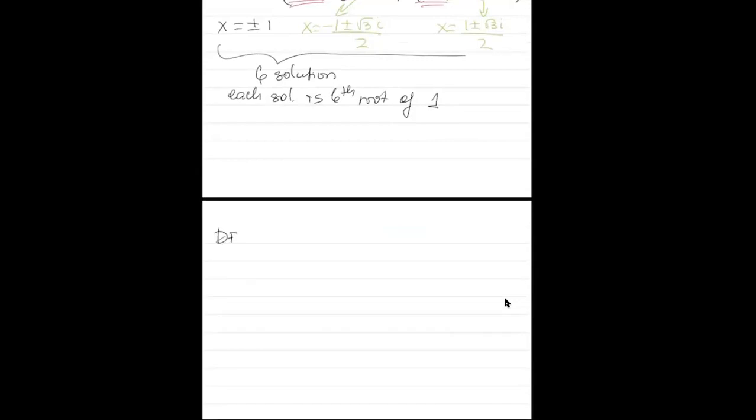So, definition for the nth root of a complex number.